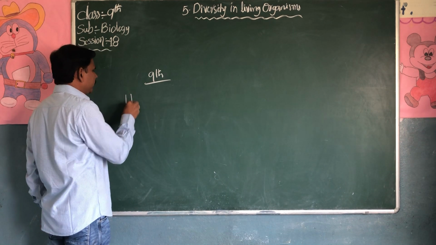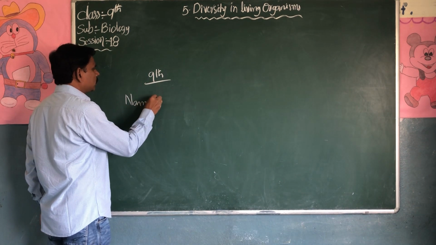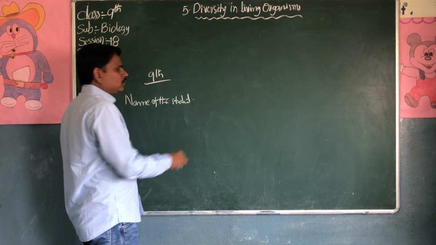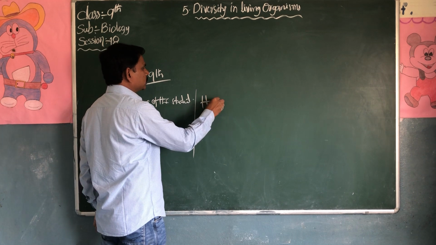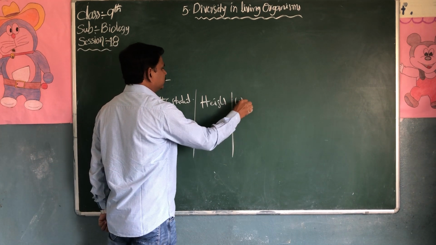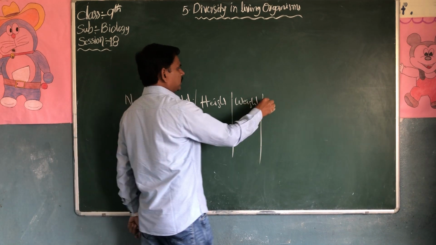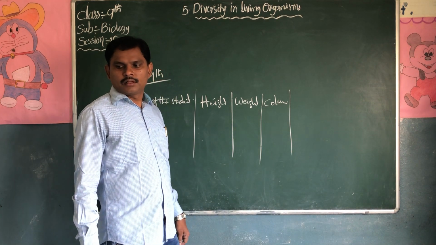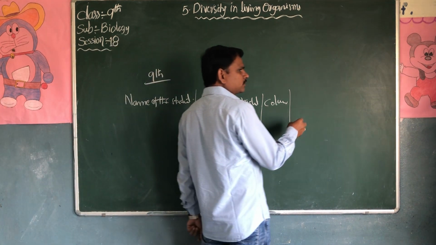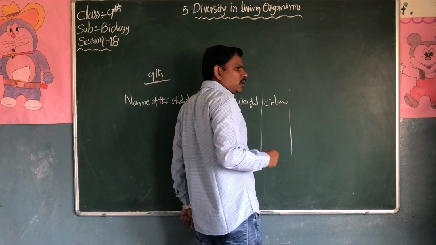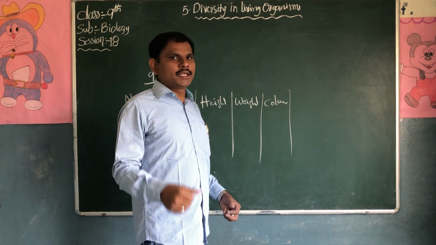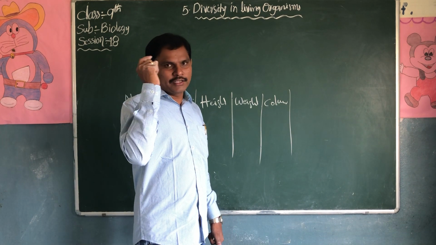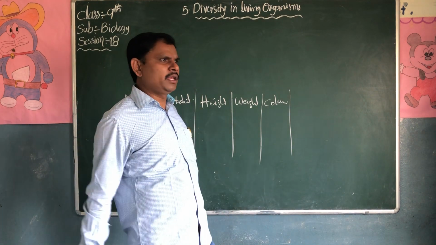Write the name of the student, their height, their weight, their color, the length of four fingers, the length of shoulders, muscles. We can see thumb impression, ear lobe, eye structure, eye color. We can see so many variations.